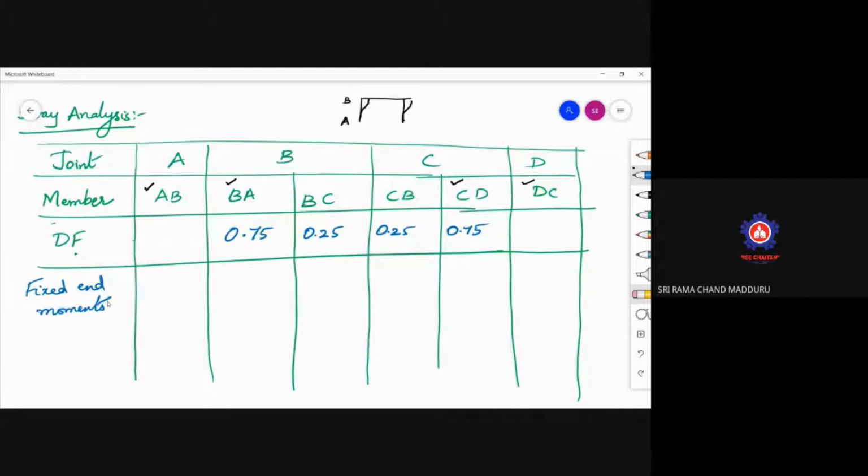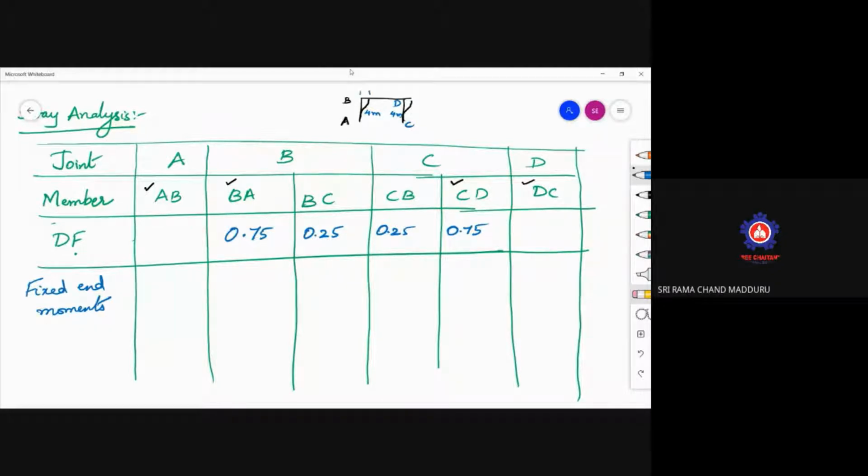To assume this, we have to follow the deflection according to the length of the member. We have to assume the ratios in such a manner that they follow the deflection profile. Now see here, what is the delta here? For both AB as well as CD, the lengths are the same. This is 4 meters, this is 4 meters. Both the lengths are the same.